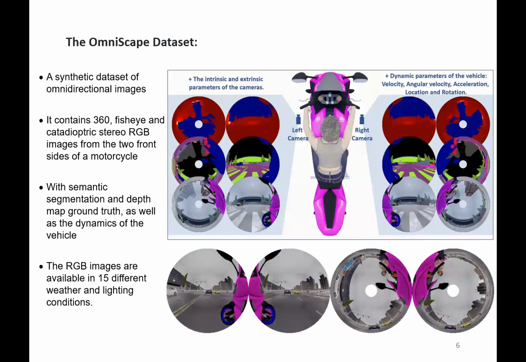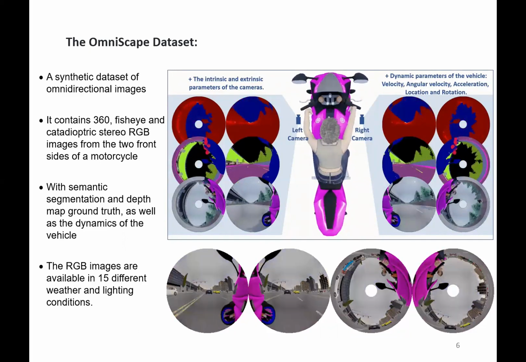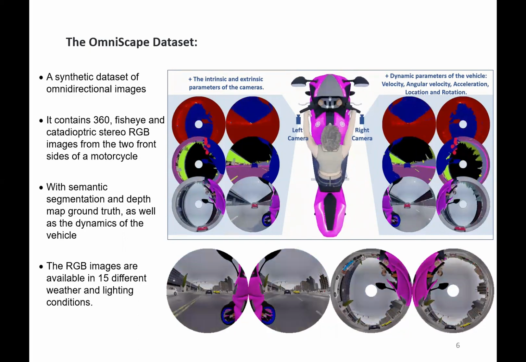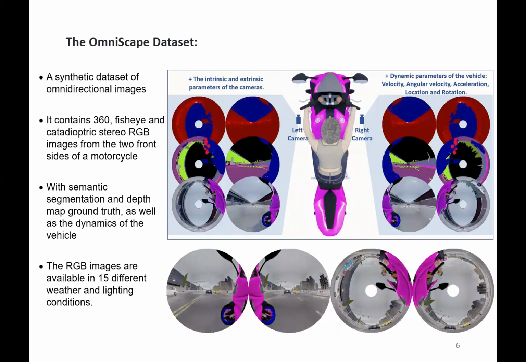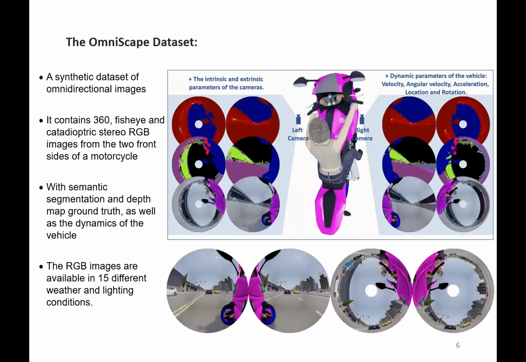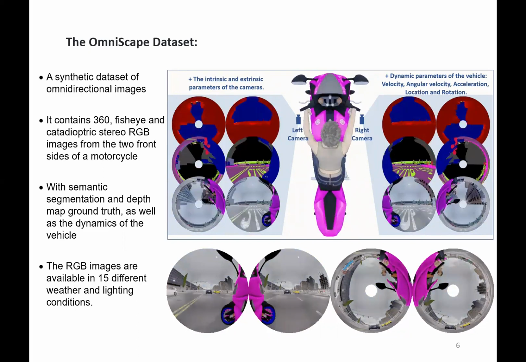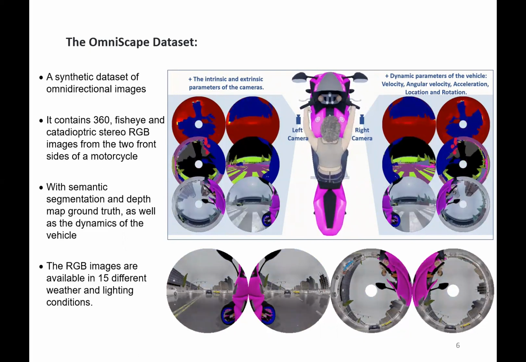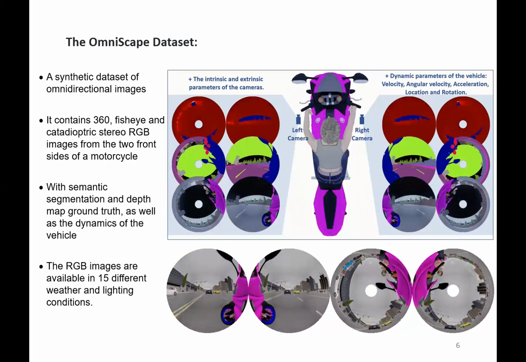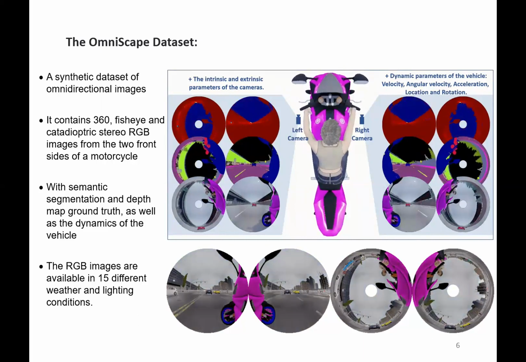So we demonstrate the relevance of the proposed framework on 2 well-known simulators: Carla Simulator, which is an open source simulator for autonomous driving research, and Grand Theft Auto 5, GTA 5, which is a very high quality video game. The OmniScape dataset contains for each capture fisheye, catadioptric, and 360-degree stereo RGB images from the 2 front sides of a motorcycle with semantic segmentation and depth map ground truth, as well as the dynamics of the vehicle, namely velocity, angular velocity, acceleration, rotation, and position.